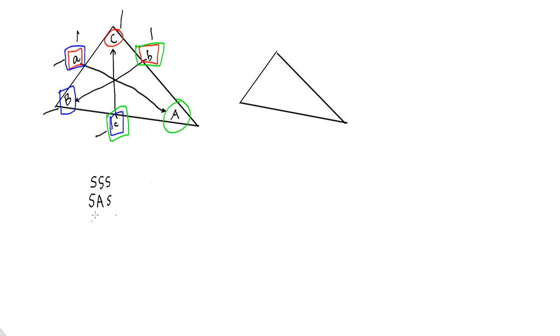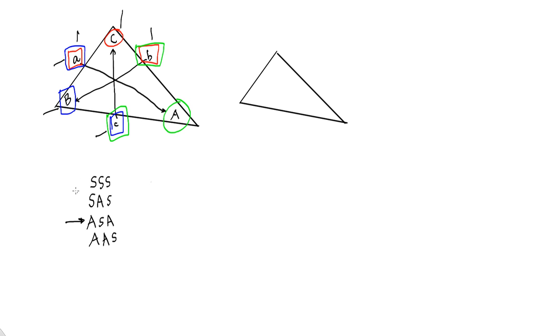We could also have angle, side, angle. There's another option. Or we could have angle, angle, side. Now make sure you understand the difference between those two. The difference is that in this third situation, the side we're talking about is in between the two angles.